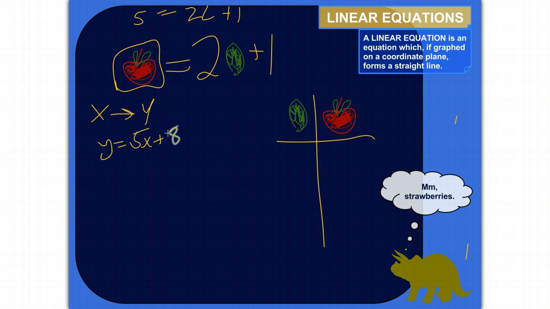Y is your output variable. X is your input variable. Or other words for those are x is your independent variable because it can be whatever you want within reason, and y is the dependent variable because its value depends on what you plug in for x.